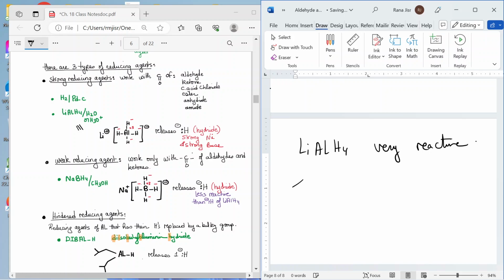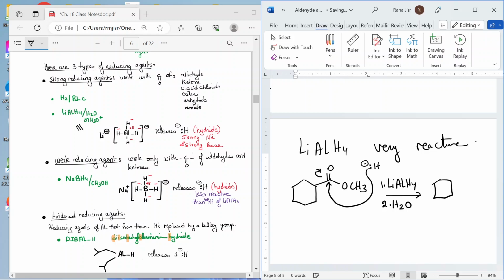And we said that if you have an ester and you are doing a reduction of the ester by lithium aluminum hydride followed by water or H3O plus, the reaction is going to proceed by addition of the hydrogen to the carbonyl, forming a negative charge on the oxygen, and having an OCH3. Of course, don't forget the hydrogen that you added first.